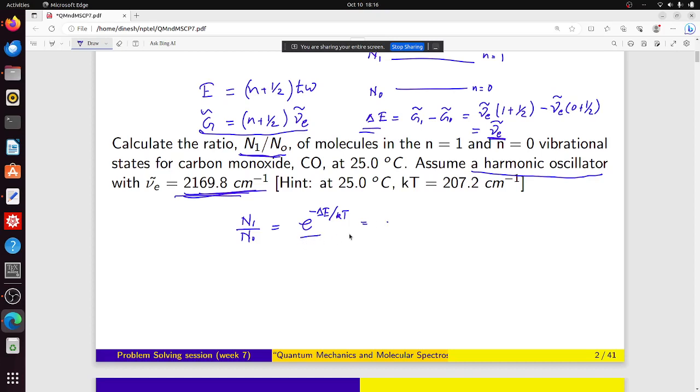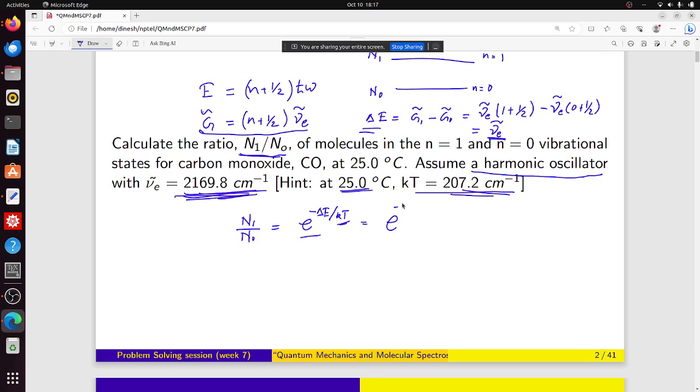Okay, so from the Boltzmann distribution formula we can write n1 over n0 to be e to the minus delta E over kT. And kT for 25 degrees Celsius is already given in terms of centimeter inverse. So it's pretty straightforward now. Delta E we have already, which is this much, and kT is also given.